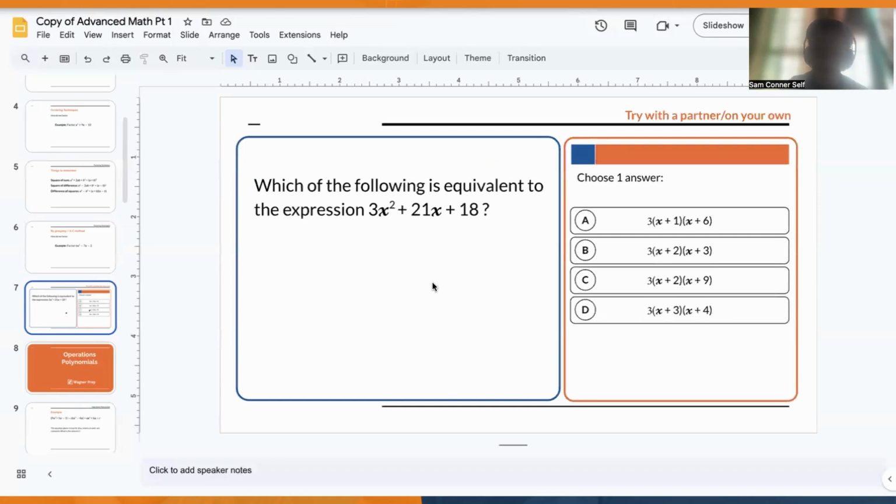Looking at this equation that they give us, and these options, I'm going to see how 3 divides out of this, and what that looks like after. So if we divide out the common factor of 3, it's going to give us 3 times x squared plus 7x plus 6.